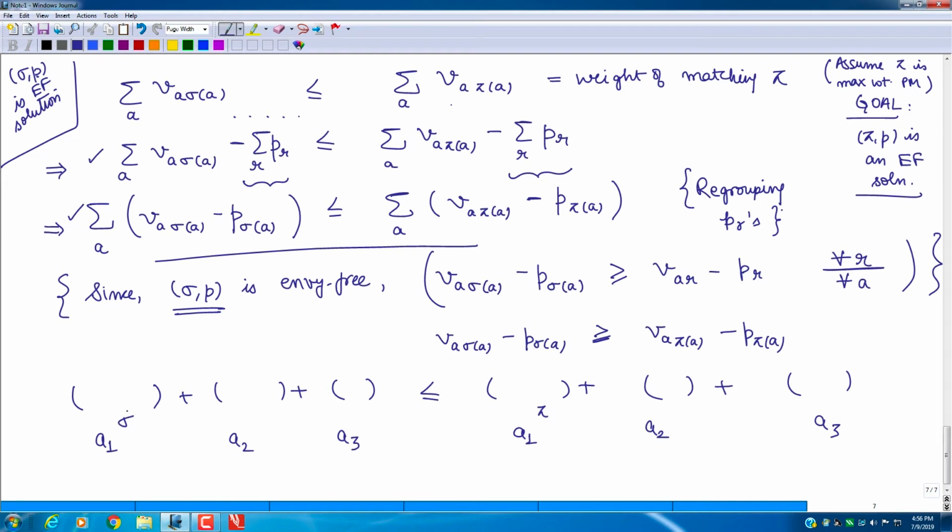So I know that just applying NV freeness term by term, I will indeed get these equalities. So VA sigma A minus P sigma A must be equal. I know I have the inequality here, but it would be exactly equal to VA of pi A minus P pi A. This will happen for all agents A.